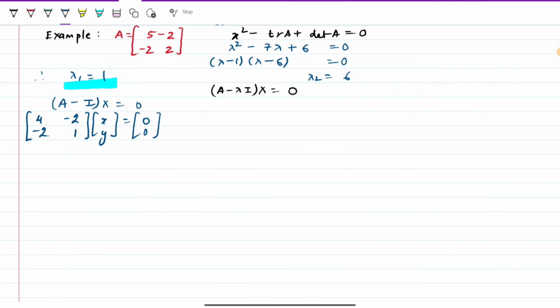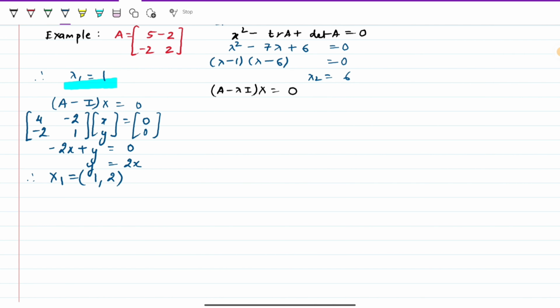It can be seen that the first row is twice the second row. That means it is a linear combination of the second row. So we could reduce this matrix equation to a single linear equation, -2x plus y equal to 0, which gives us y equal to 2x. And if we keep the value of x as 1, we get x as 1 and y to be 2. This is the eigenvector corresponding to lambda 1 equal to 1.